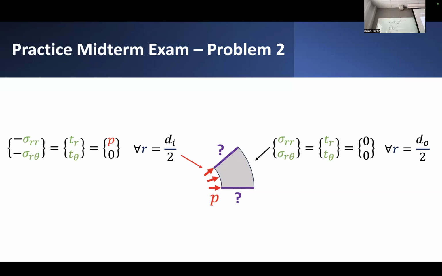And then on this exterior segment, we're saying that the RR and R theta components of stress are equal to 0. You could express that equivalently in terms of the components of traction, which, if you remember the relationship between stress components and traction components, was obtained through the Cauchy stress theorem.